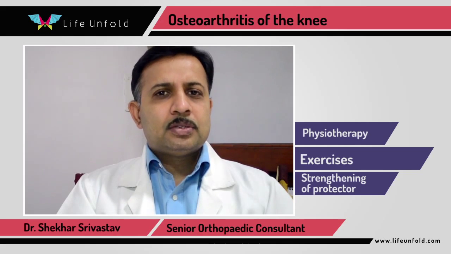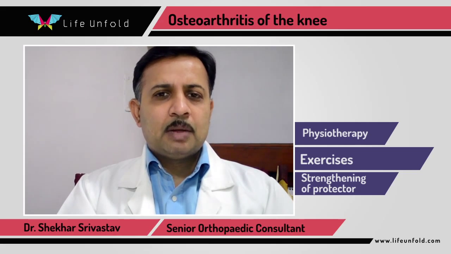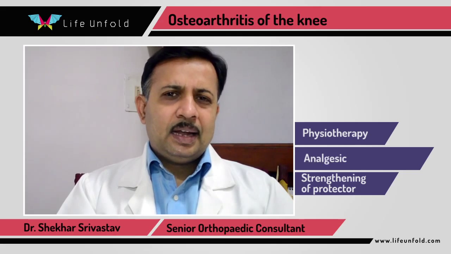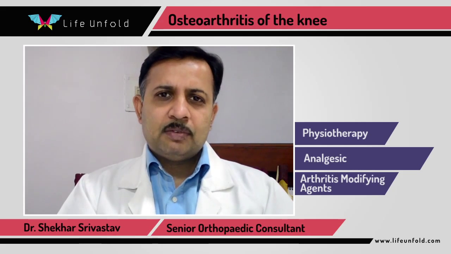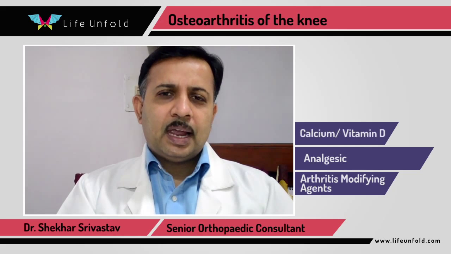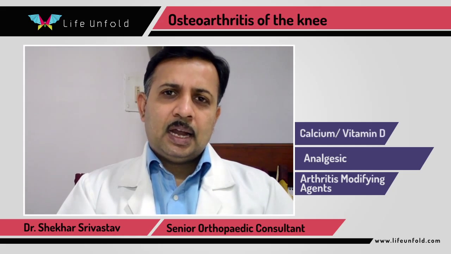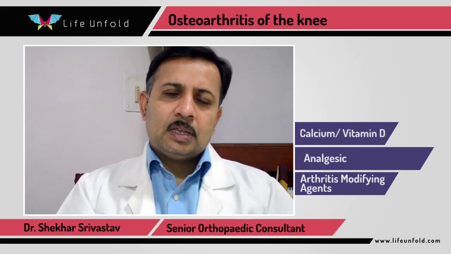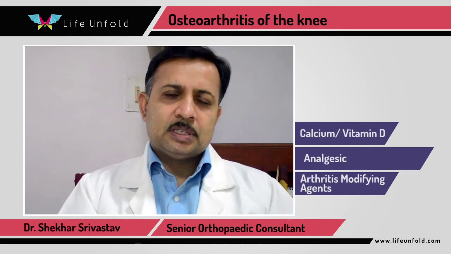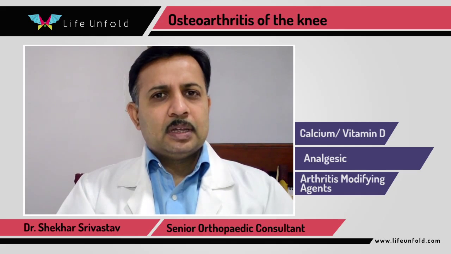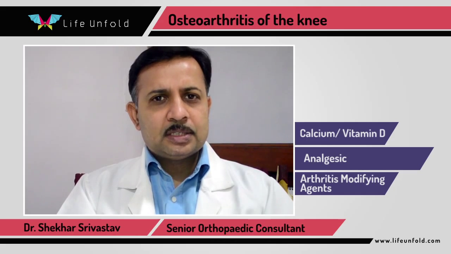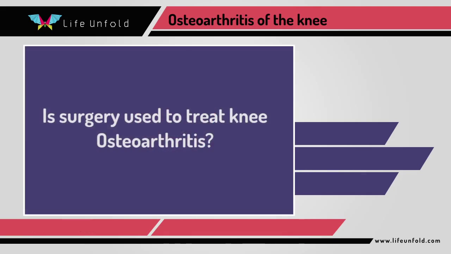The patient is also given some medications which can be in the form of analgesics, and there are some arthritis modifying agents also which we give to them. We take care of their calcium and vitamin D levels, and then we send them for some physiotherapy, hot packs. All these are symptomatic measures. Later on, when it becomes more severe, we can give them a brace which unloads their knee joint, and so the pain is less.